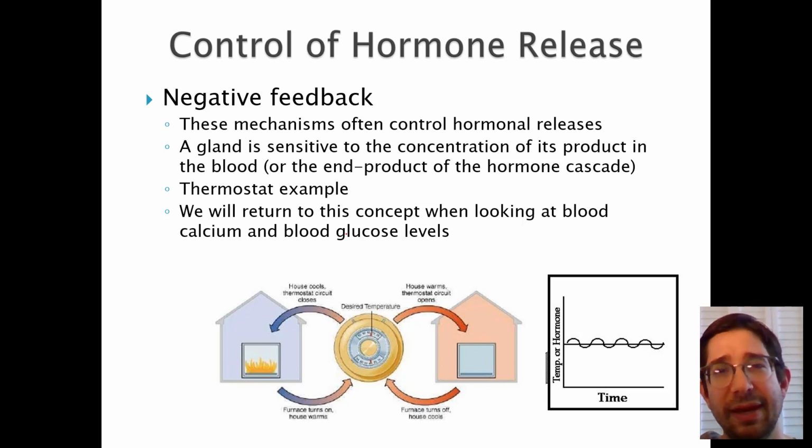This concept of negative feedback can be described like a thermostat in that if things are out of whack in one direction, like your house is too cold, your thermostat can automatically kick on. It'll heat up the house until you get to a certain point, and then the thermostat will kick off. But if things drop too low again, the thermostat will kick on, and it'll kick off and on and off. So that's the concept of negative feedback in hormone release.